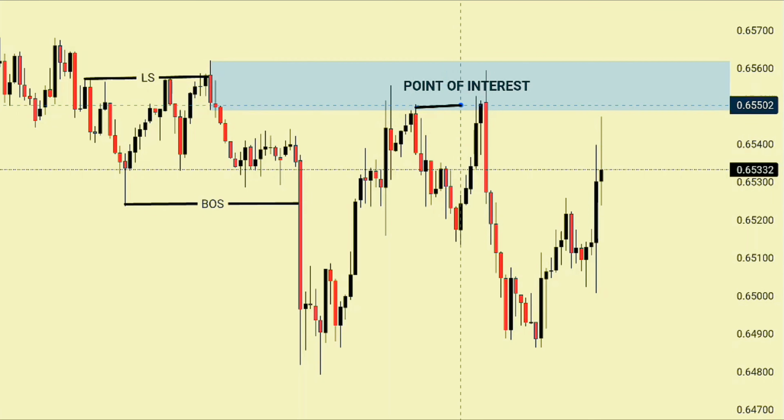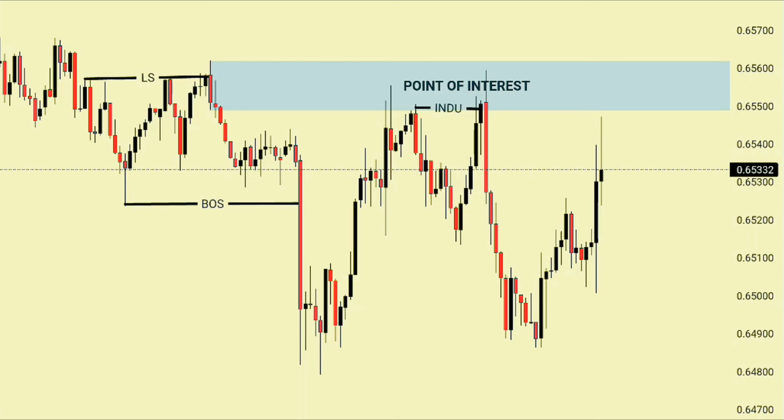Fourth in the sequence is inducement. Inducement is one of the most misunderstood concepts, but it's extremely powerful. It refers to the small liquidity pool that forms before price taps into the point of interest or order block. Look at the chart. You'll see a small high created just before price reaches our point of interest. This small high tempts early sellers to enter too soon.